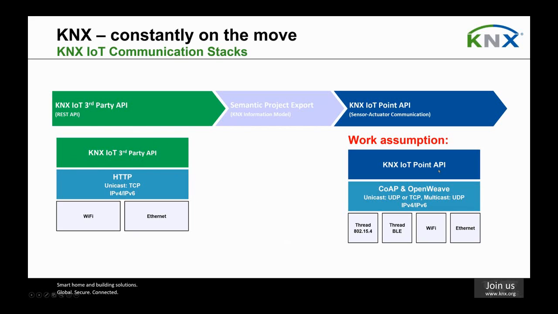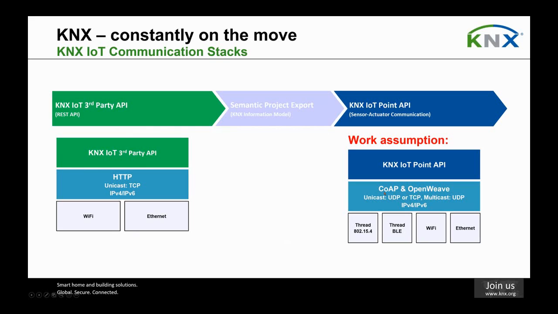A Point API device, so a sensor actuator communication based on an IPv6 network, could use any medium that is typically used for constrained devices, amongst others Thread, for instance.